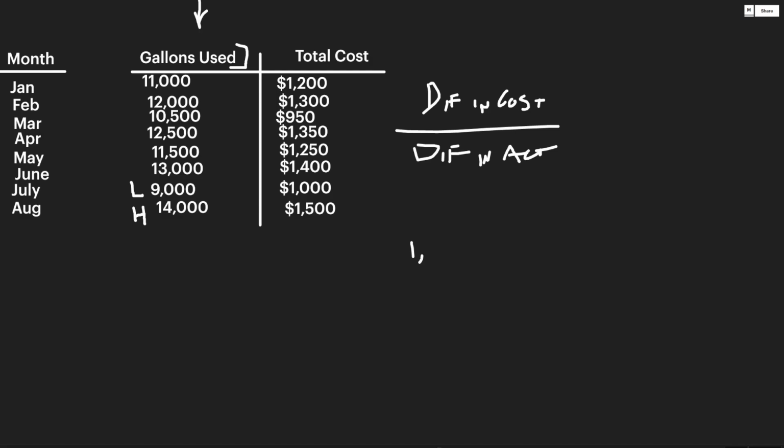So the higher level of cost, 1500, minus the lower level of cost, 1000 dollars, over the difference in activity, which was 14,000 minus 9,000.